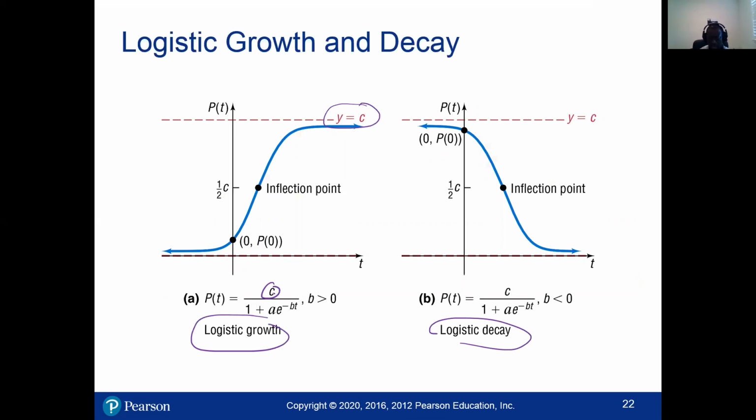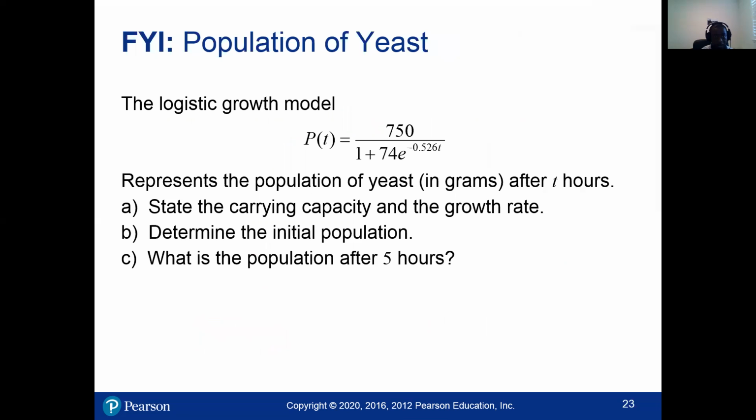This is just to let you know what other models we have, but we are not going to do an example. I have given an example here, but I'm not going to solve it. It presents the population of yeast in grams after T hours. State the carrying capacity and growth rate, determine the initial population, what is the population after 5 hours, and so on.